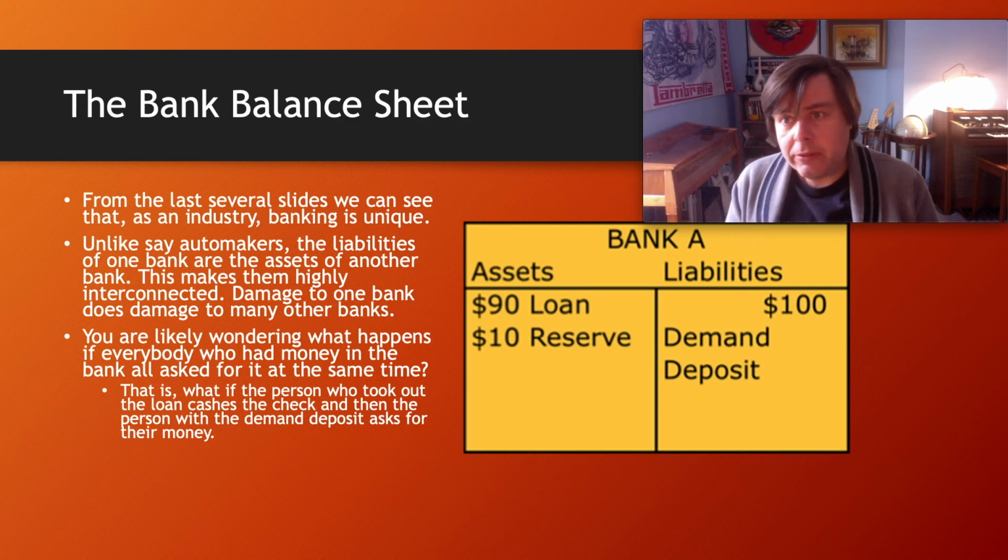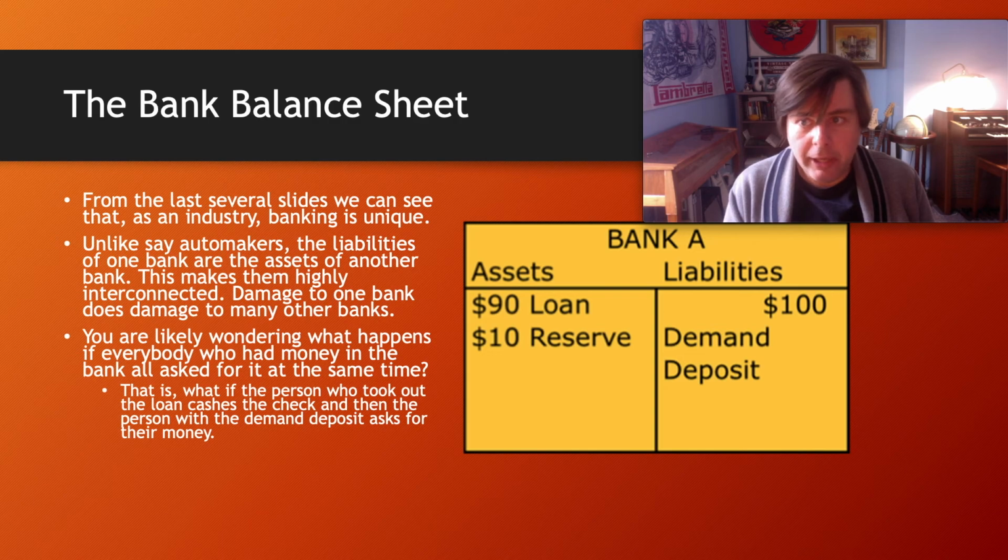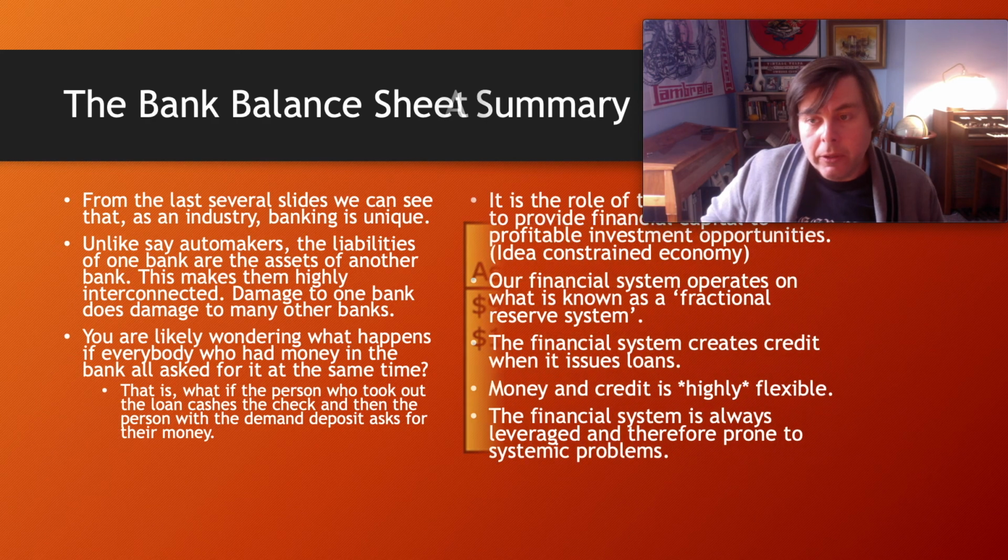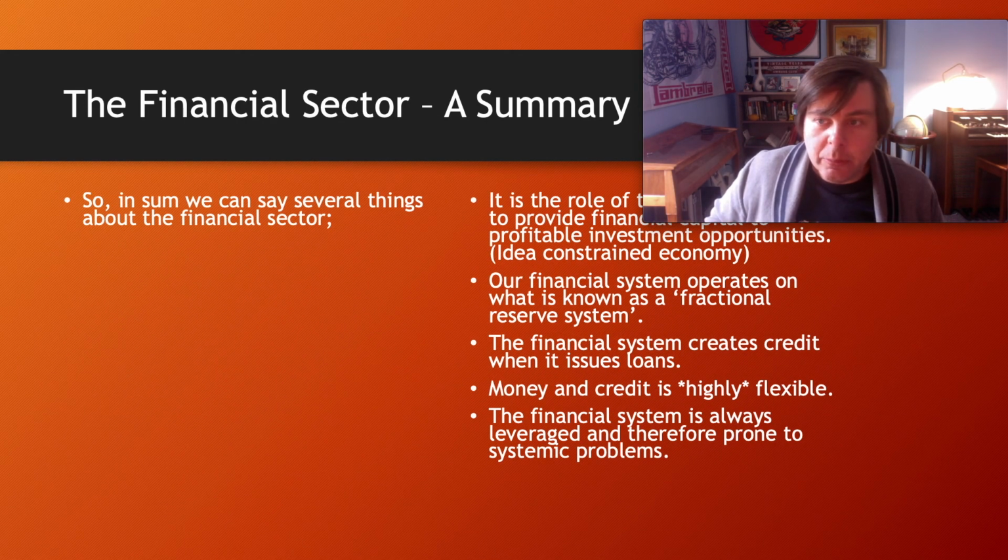And so this makes the financial system uniquely precarious in that calamities in certain aspects of the financial sector tend to spread.